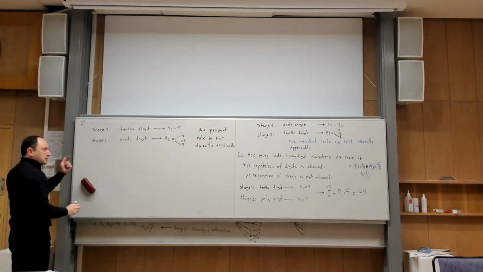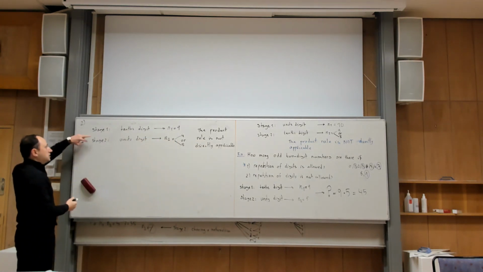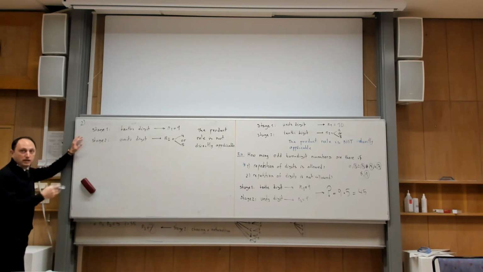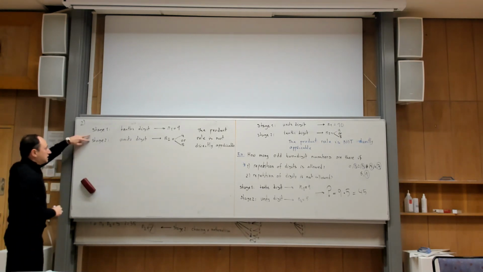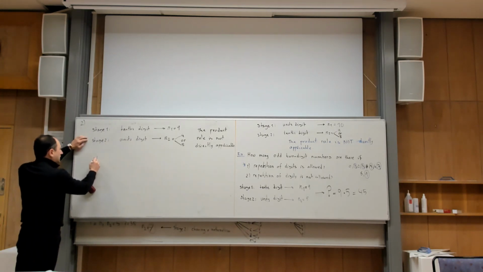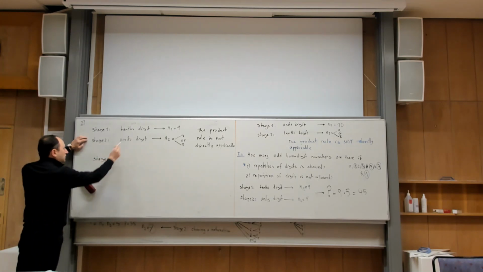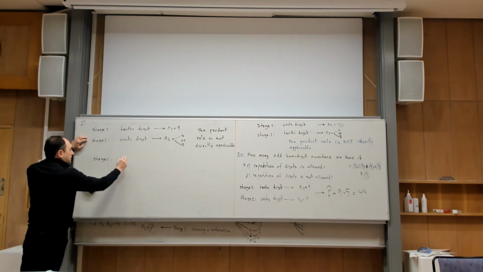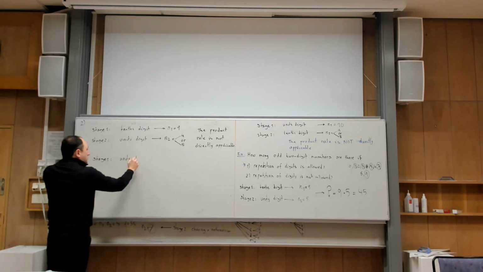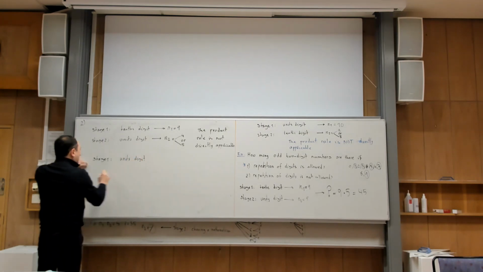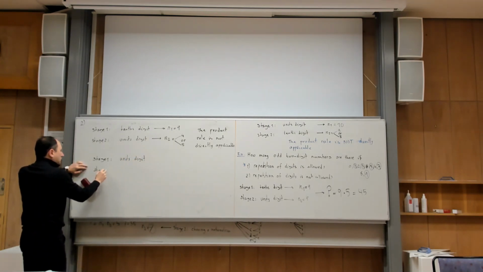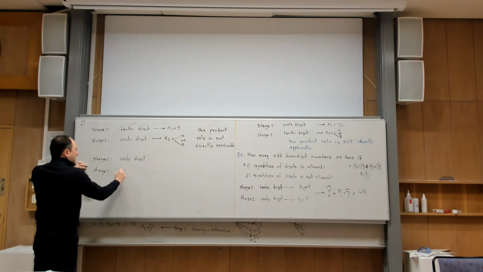So learn this trick. Sometimes interchanging the role of stages will work for you. So let us test this idea here. Stage number 1, I will take it as the units digit. Stage number 2, I will take it as the tens digit.